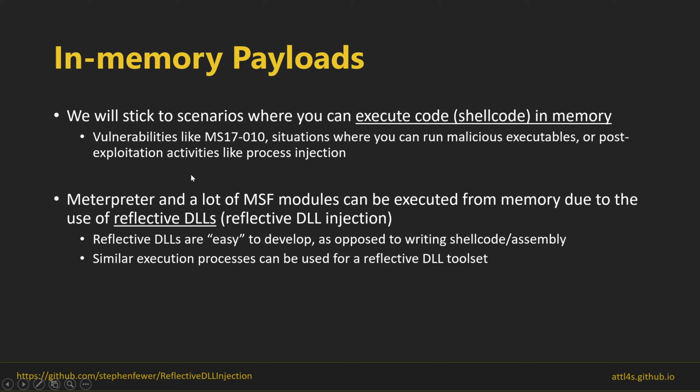So Meterpreter and a lot of Metasploit modules can be run from memory because of the reflective DLLs, as I said before. And this is why everybody uses reflective DLL injection, because reflective DLLs are easy to develop as opposed to writing shellcode directly.